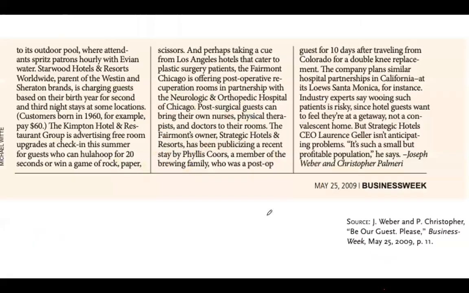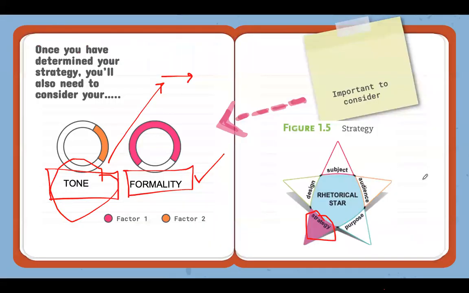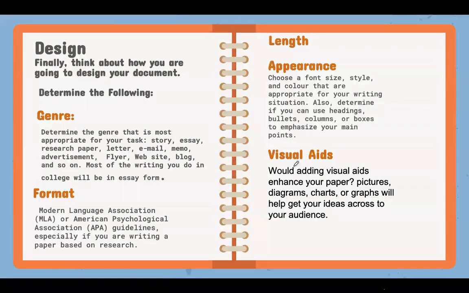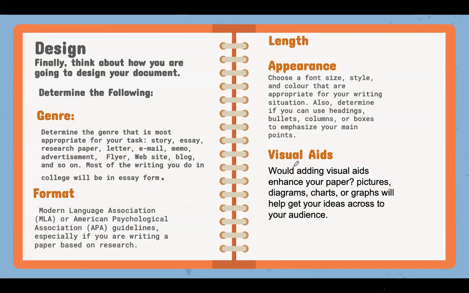So let's talk about our last corner of the star, and that is design. And what is design? Sometimes we say, not sometimes, we often say that we like to wear designer clothes. What is design? Just think about it for 1 minute and try to think about this word, design.